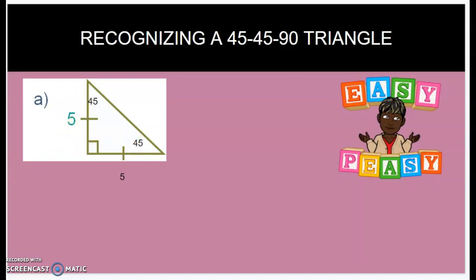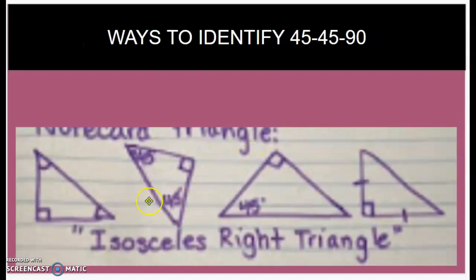We could recognize it by, okay, the two legs are congruent here. Here we have the two angles that are congruent. Then we have the actual numbers, 45, 45 in the angles for the angle measure.